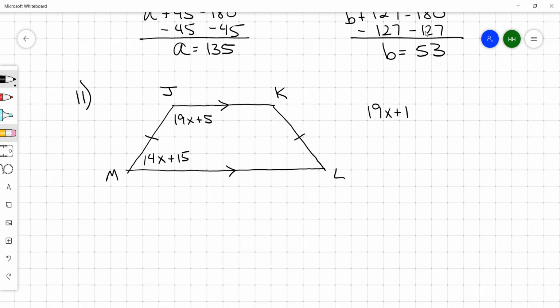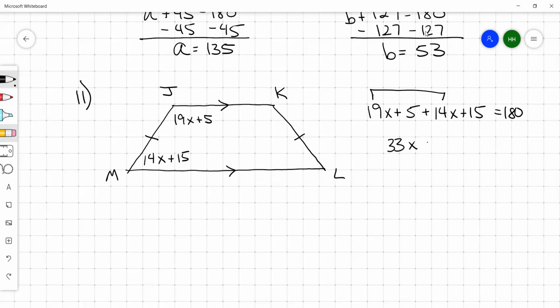19x plus 5 plus 14x plus 15 equals 180. This would be supplementary. So this 19x and this 14x is that 33x, plus 5 and plus 15.